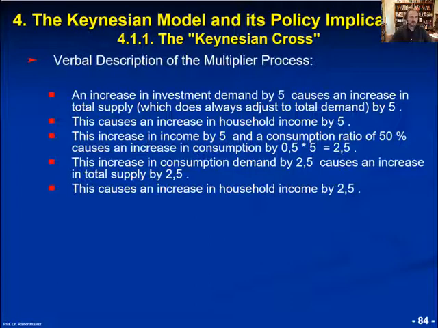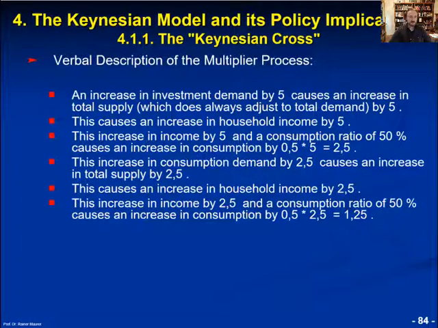This causes an increase in household income by 2.5. This increase in household income by 2.5 and a consumption ratio of 50% causes an additional increase in consumption by 0.5 times 2.5, which equals 1.25.